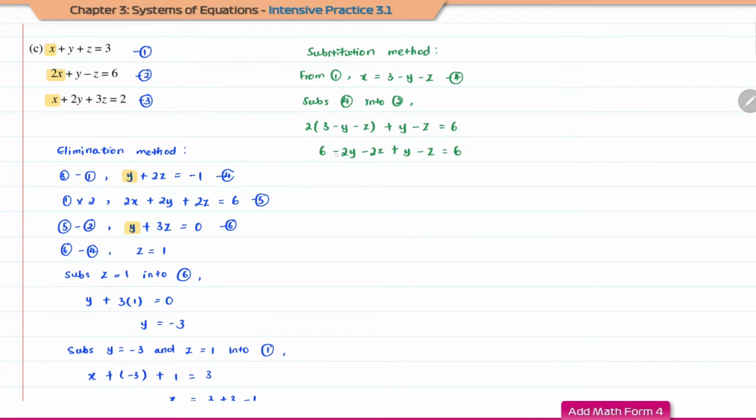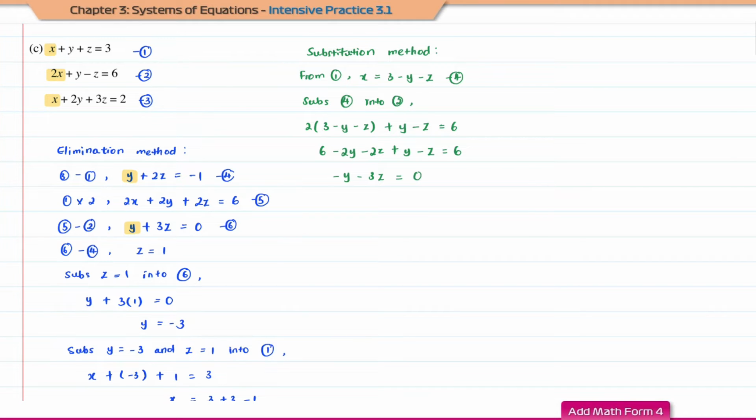Negative 2y plus y will give you negative y, and negative 2z minus z is negative 3z. It will be equal to, so this 6 we're going to move to the other side. 6 minus 6 is equal to 0. Alright, so you have negative y minus 3z equal to 0.